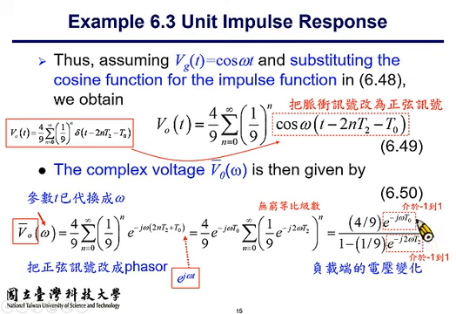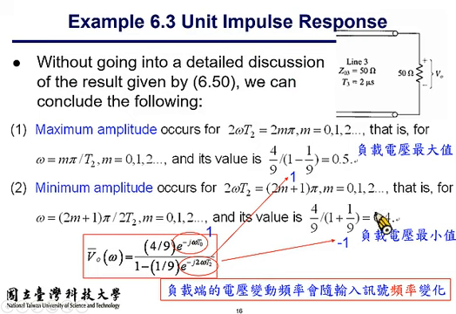So the magnitude of the exponential function in the denominator and numerator is equal to 1. The magnitude itself is equal to 1. All right. So the magnitude of this function is determined by the selection of frequency. It's determined by the frequency omega.